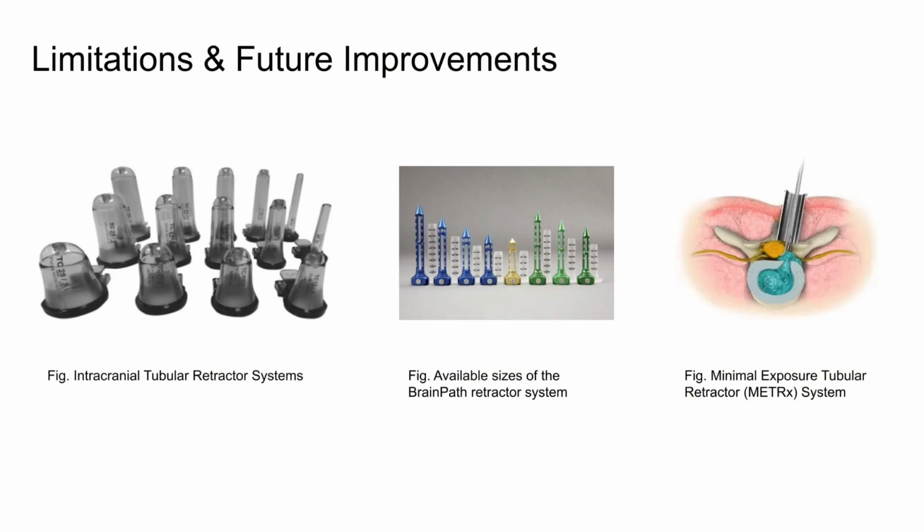However, repeatedly moving the retractor can increase pressure on surrounding brain tissue, and its effect on patient outcomes is still not fully understood. To overcome these limitations, researchers have proposed combining the tubular retractor with traditional brain spatulas.